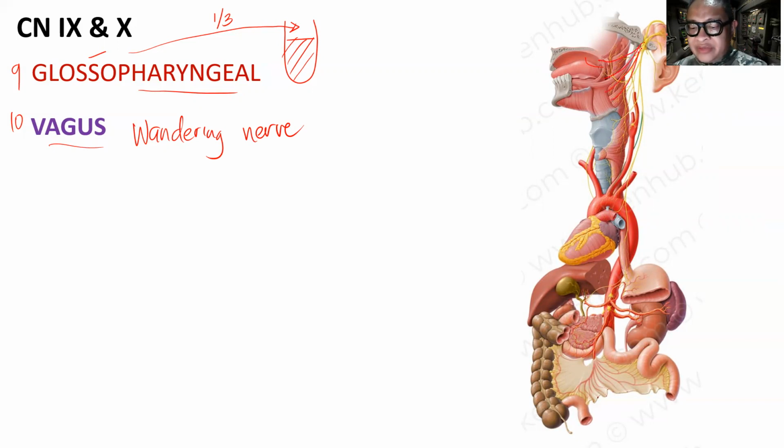It has fibers innervating your pharynx, your larynx. So when you have a laryngeal problem, that's basically your vagus. It reaches down even to your heart, to your stomach, to your intestines, all the way there. So that's why it's called the wandering nerve. Not only is it around here, it even reaches down to your gut.